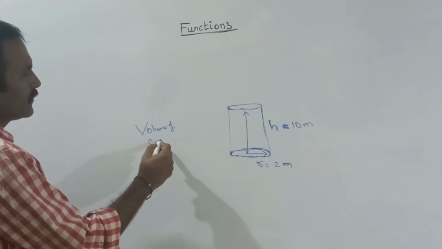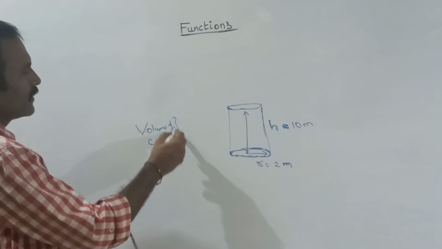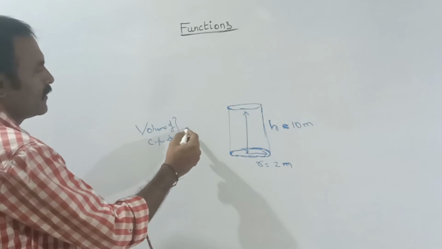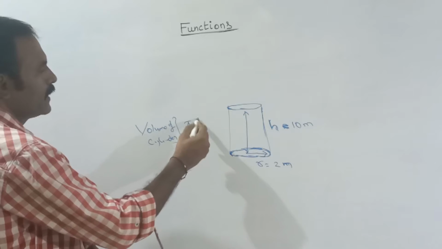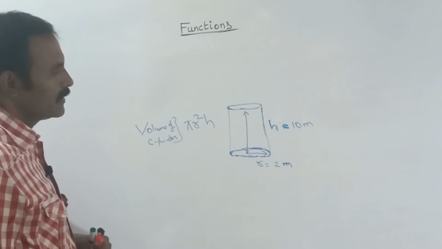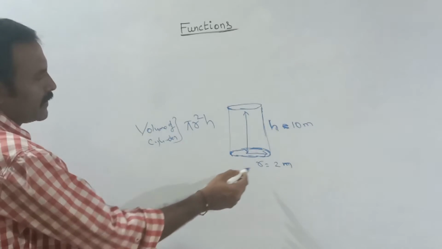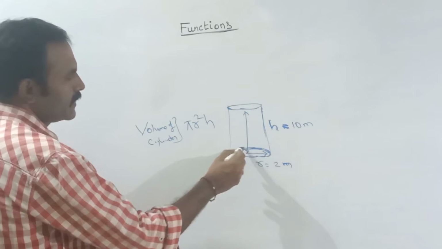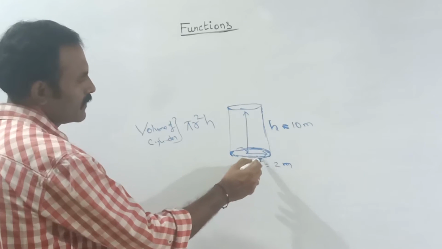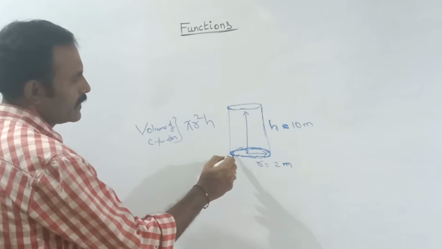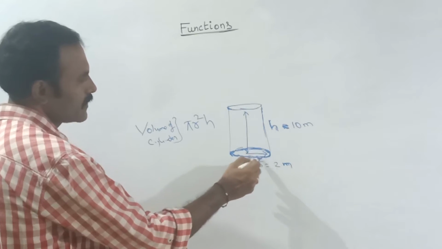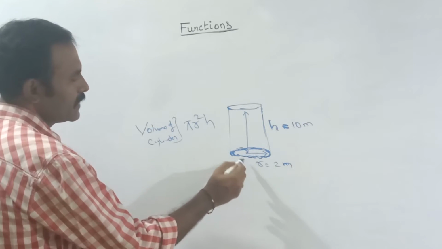What is the formula for the volume of a cylinder? The volume of a cylinder is pi r square h. That is the area of the circle of the cylinder.